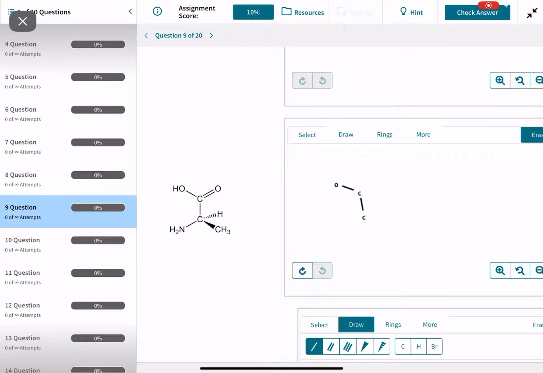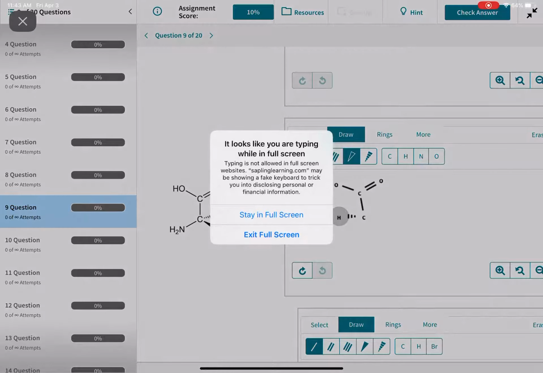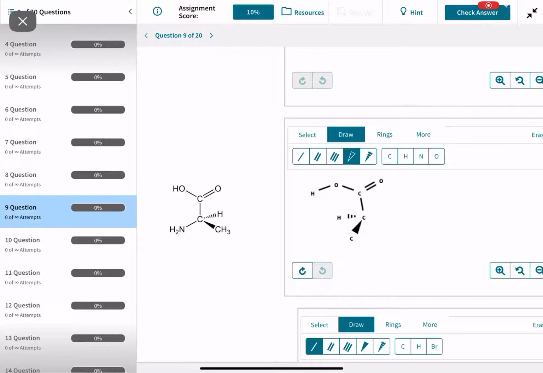I'm going to draw a total mirror image for this. I am just drawing this molecule completely backwards from the molecule that was provided in the problem. My single bond with the nitrogen.